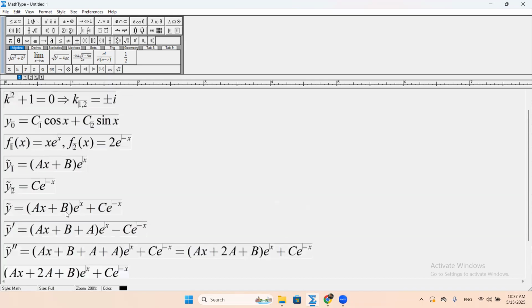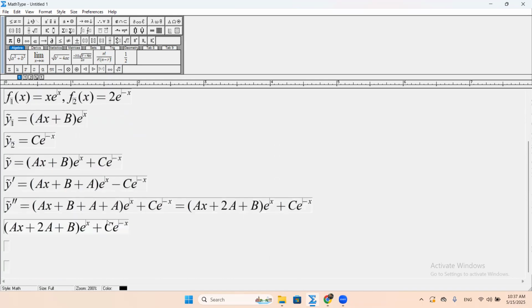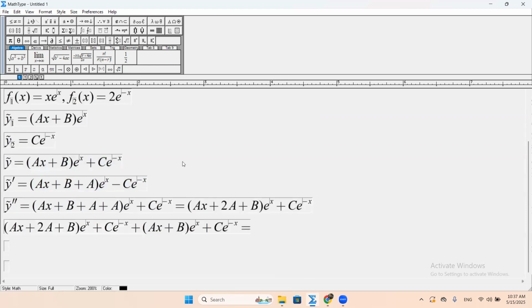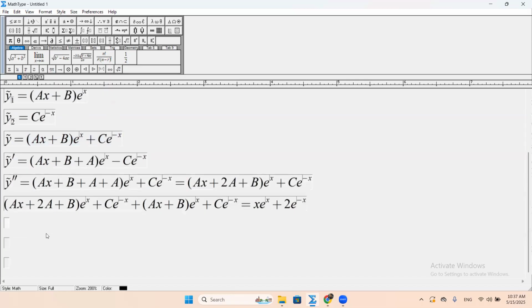So the second derivative plus this solution will be equal to x e to the power of x plus 2e to the power of minus x. Let us expand brackets and regroup all these expressions.